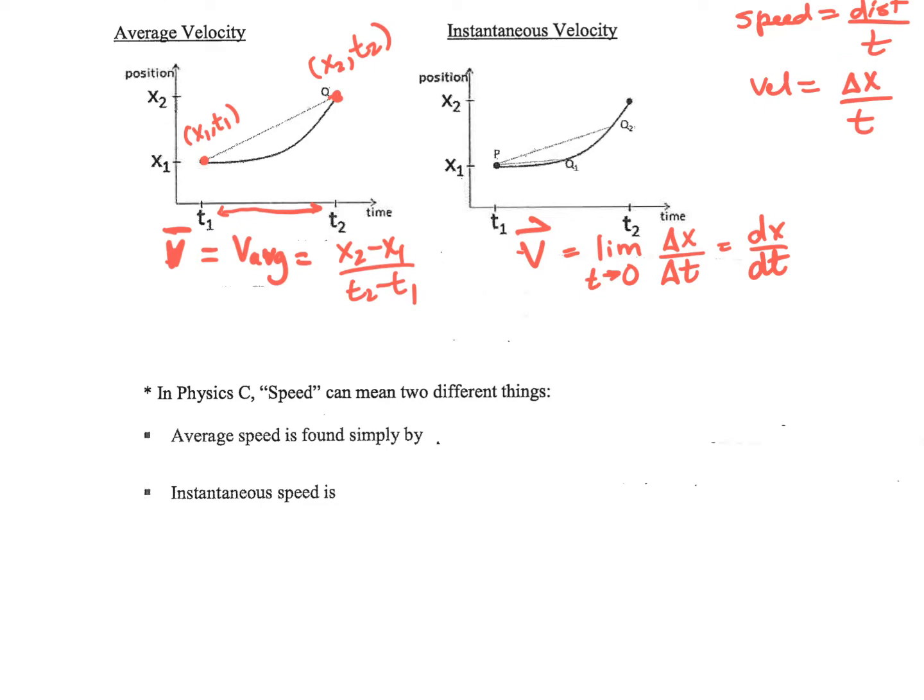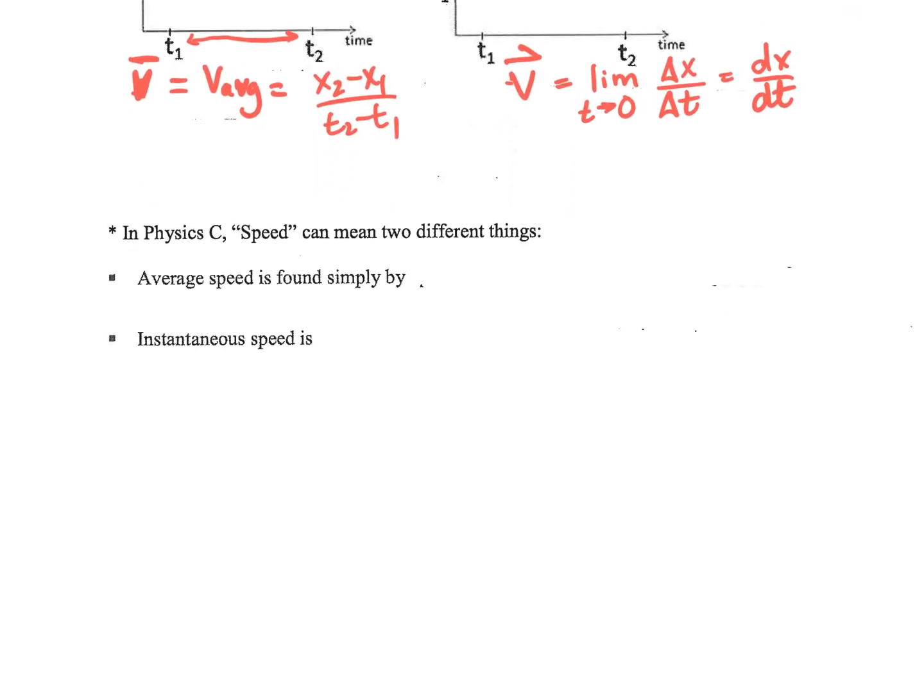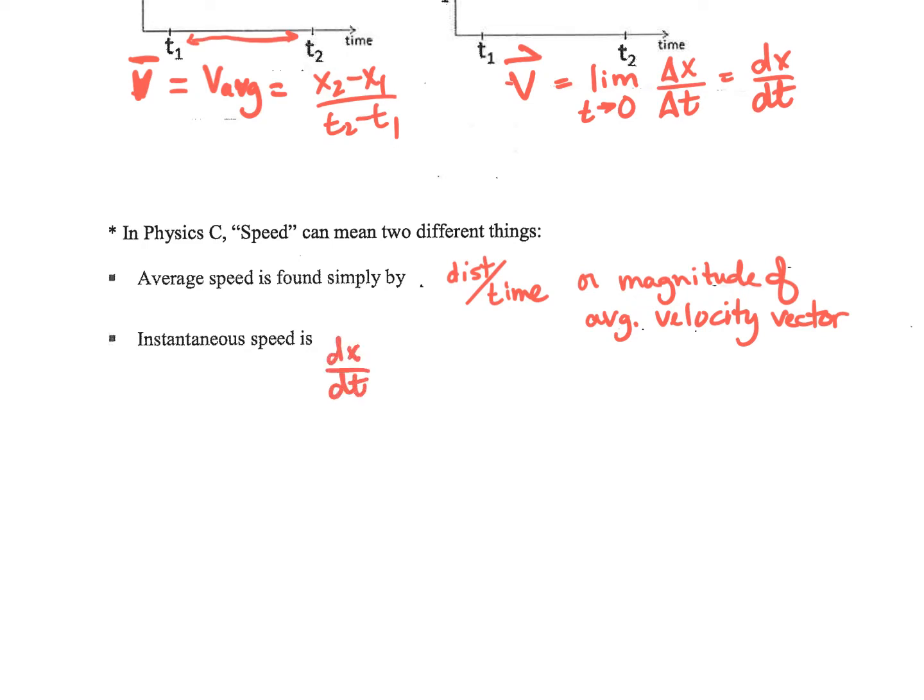Okay. So in Physics C, speed can mean two very different things. We have average speed, which is what? Distance over time. Or we take the magnitude of the average velocity vector, whereas instantaneous speed is the magnitude of dx/dt, which is the magnitude of the instantaneous velocity vector.